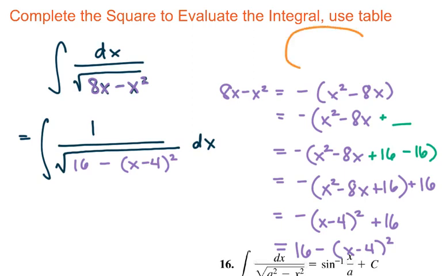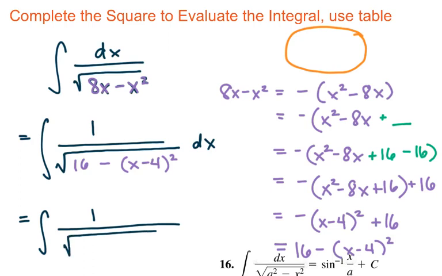So now if we zone in and compare what we have here to the integral from our table, we see we have a constant squared, 4 squared gives us 16, and a variable, x minus 4 squared. So I'm going to use a little bit of color when I rewrite this.